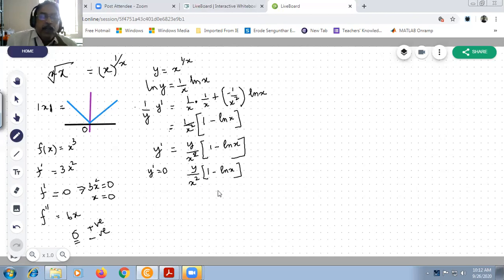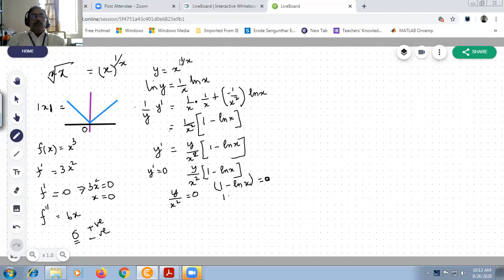When 1 minus ln x is equal to 0, right? Or when y by x square is equal to 0, which implies y is equal to 0, which is trivial.